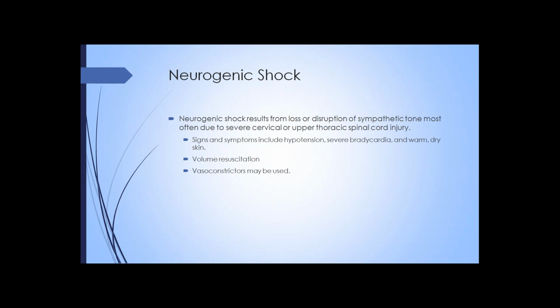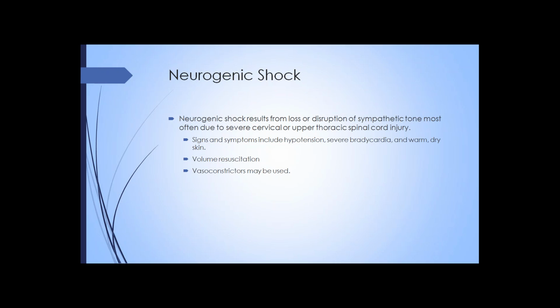Now, when somebody has neurogenic shock, yes, they have the hypotension. But the problem is the normal body response would be to have an increased heart rate to build that pressure back up. And your body would become cold and clammy because all the blood would be shunted to the core to try to help that cardiac output.